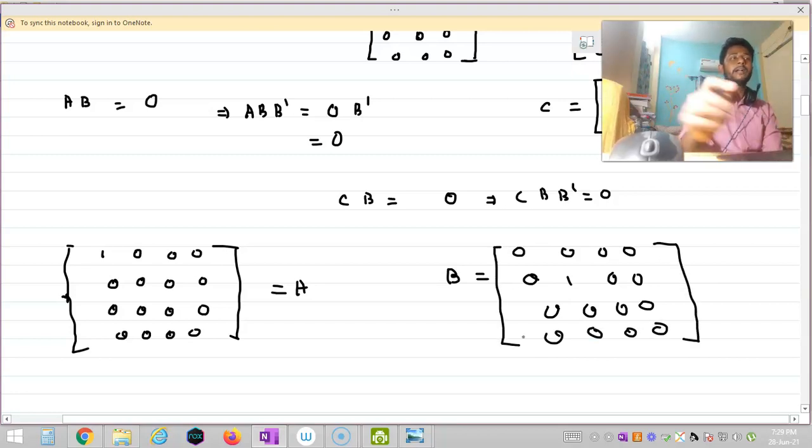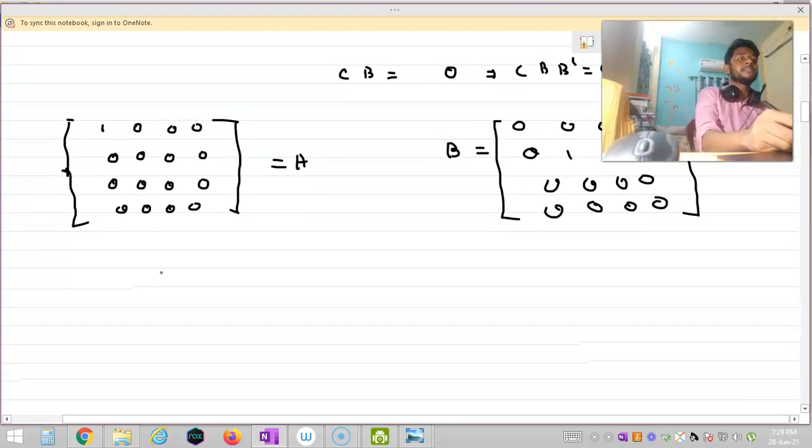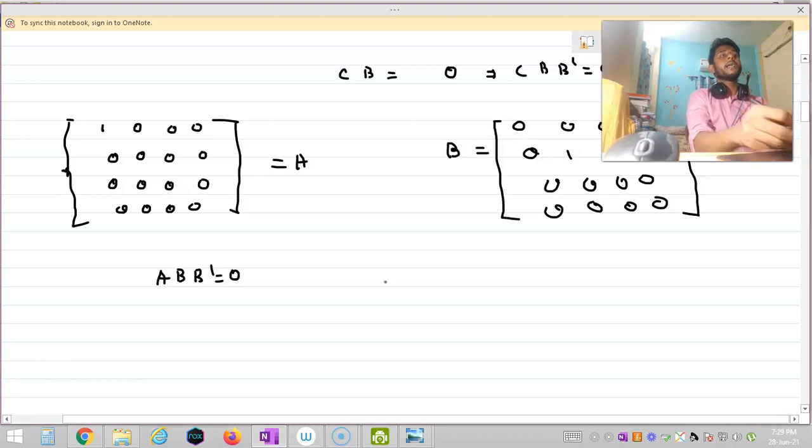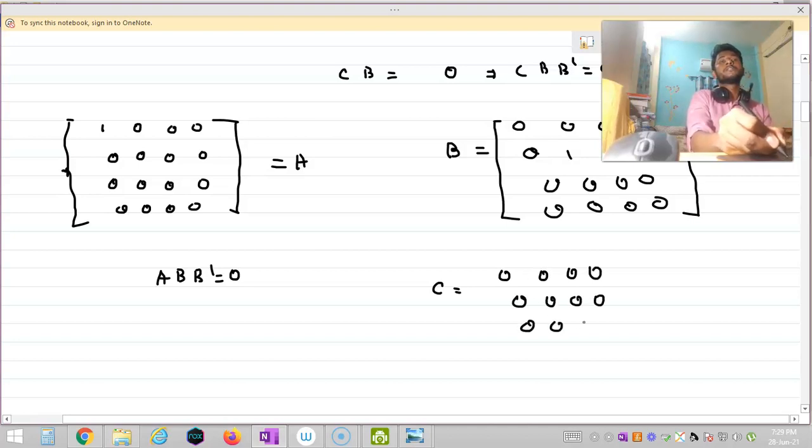Then you can check that A B B' is again 0. And now I am considering the matrix C with zeros except for 1s in the last two rows' diagonal positions.